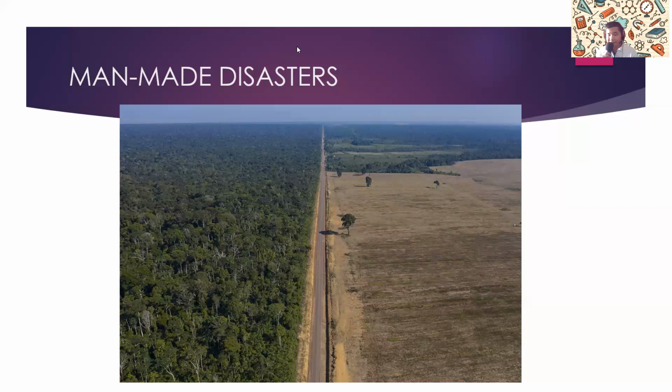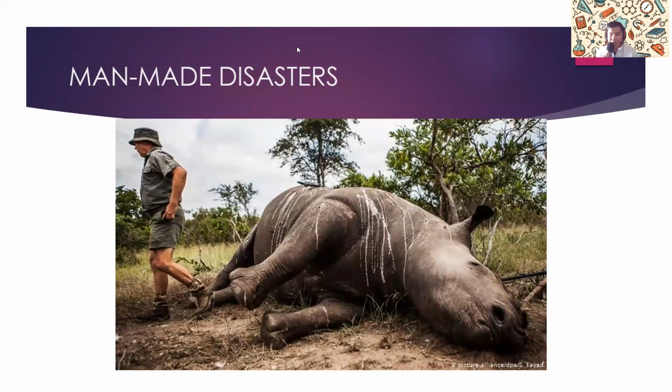Next, poaching, or the killing of animals just for fun or for whatever reason people choose to do so. This is a rhino. The rhino is actually an endangered animal. Endangered means that it is in danger of being extinct. Extinction means that the animals do not live on earth anymore.